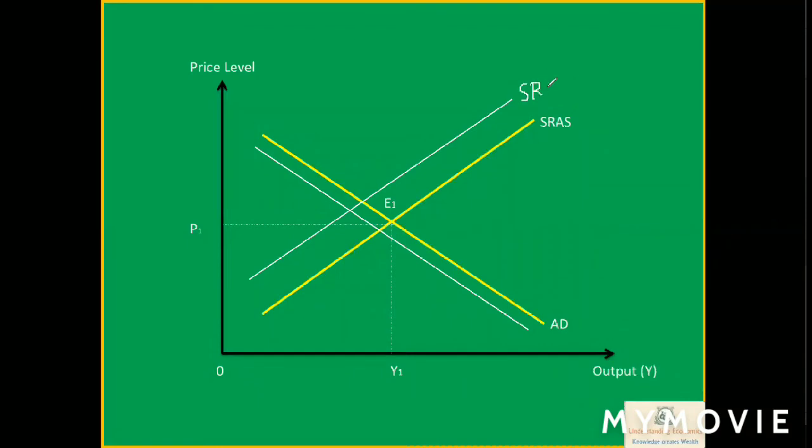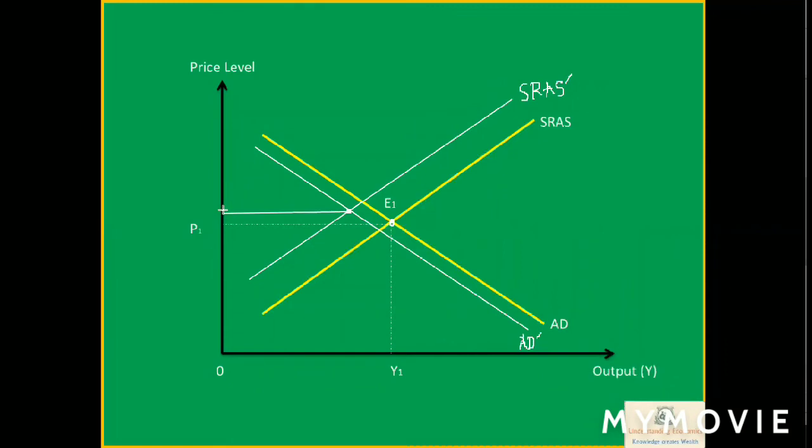So this is our new SRAS curve denoted by SRAS dash, and new aggregate demand curve denoted by AD dash. So this was our initial equilibrium. Now this is our final equilibrium. If we take the smaller change in the aggregate demand but a higher decrease in the aggregate supply, then the price level is definitely moving up.